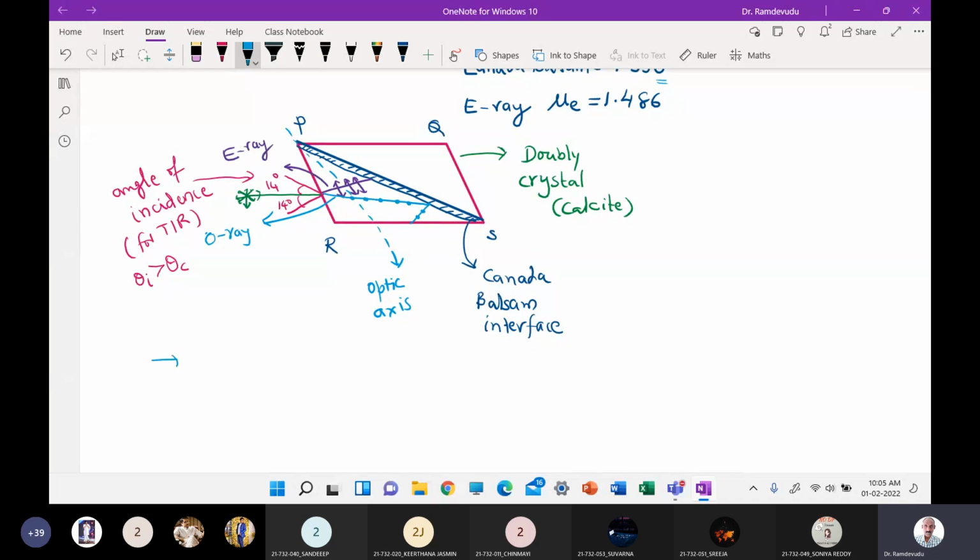Here the O ray is eliminated by total internal reflection at the calcite Canada balsam interface.